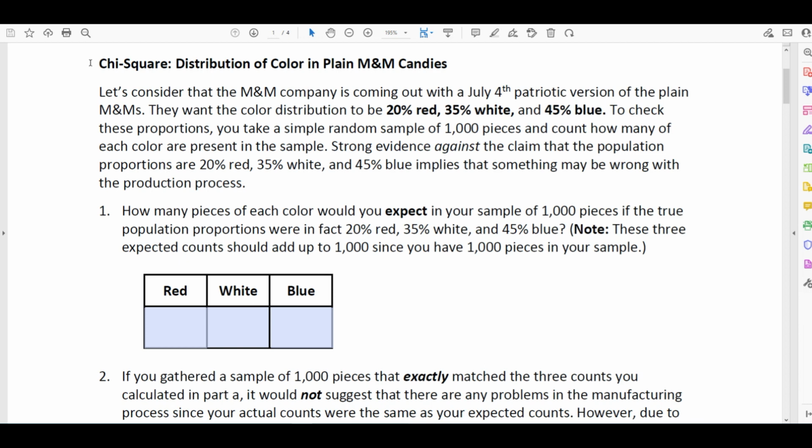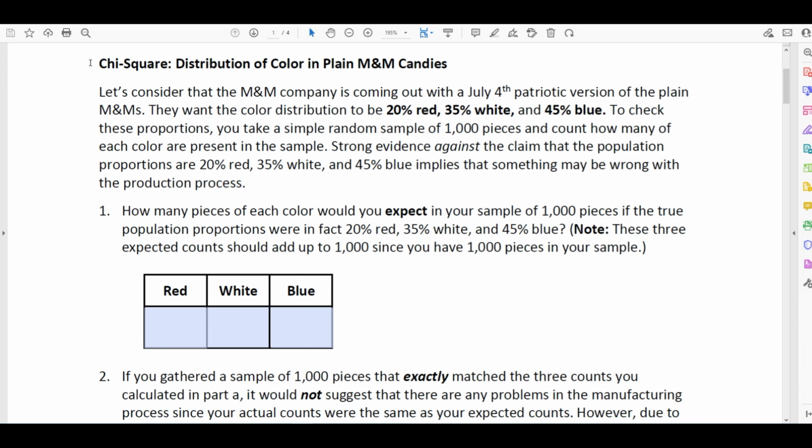To check these proportions, you take a simple random sample of 1,000 pieces and count how many of each color are present in the sample. Strong evidence against the claim that the population proportions are 20% red, 35% white, and 45% blue implies that something may be wrong with the production process.